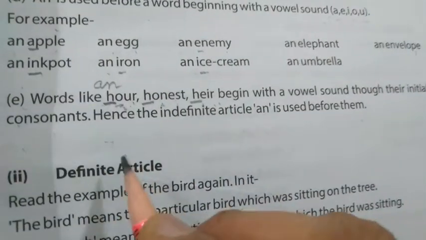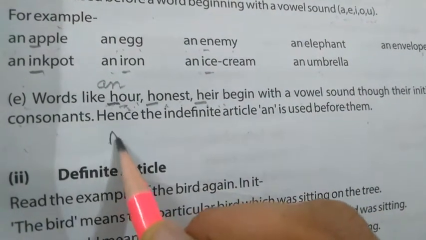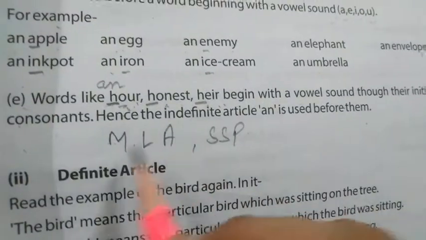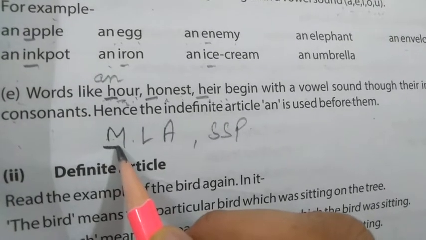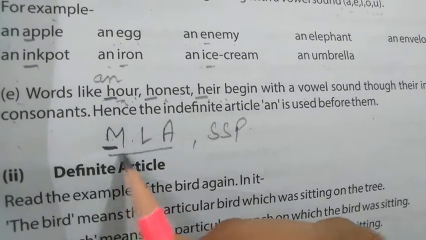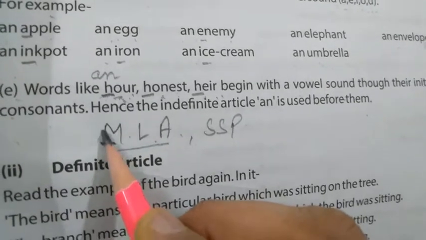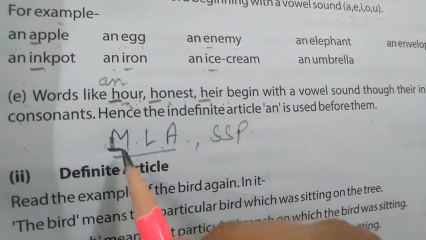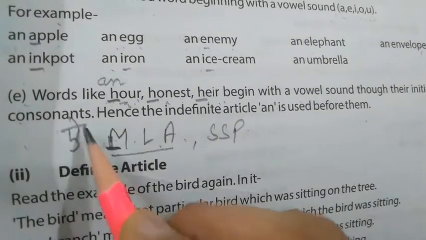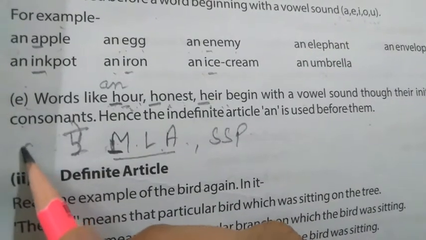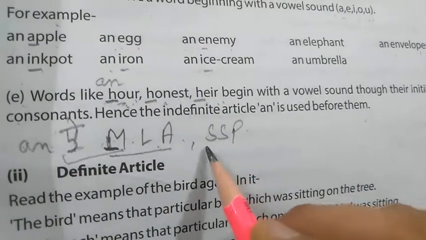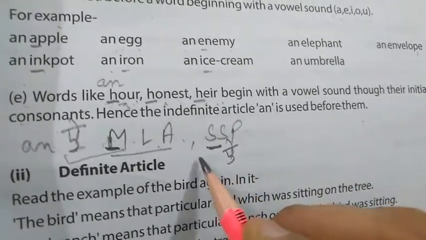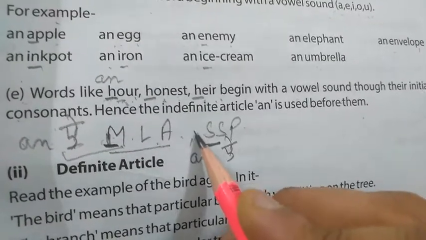There are a few more words or abbreviations like MLA or SSP. You can see that when we open our mouth to pronounce MLA, however it is written, M starts with a consonant. But when we pronounce it, which sound do we get first? A vowel sound. We will use an in front of MLA. Same way here, SSP, again we are getting a vowel sound. We will use an here also.